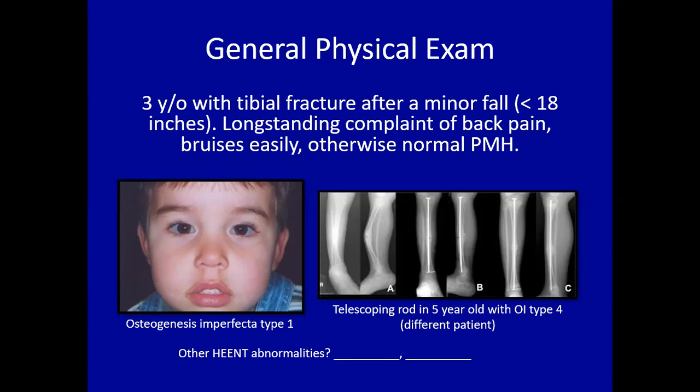So what this child is suffering from is osteogenesis imperfecta, and the HEENT abnormalities that you can see are some bluing of the sclera of the eyes. He's got some keratotic irritation around the mouth as well, like a cheilitis, and then he also has some widening of the nasal bridge. And so those are all morphologic traits that have to do with osteogenesis imperfecta.